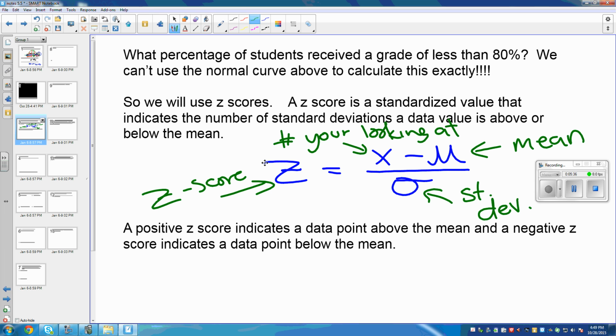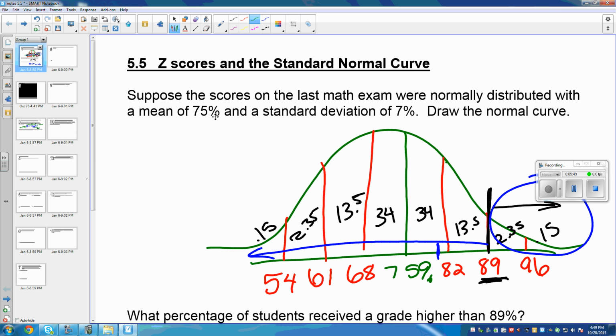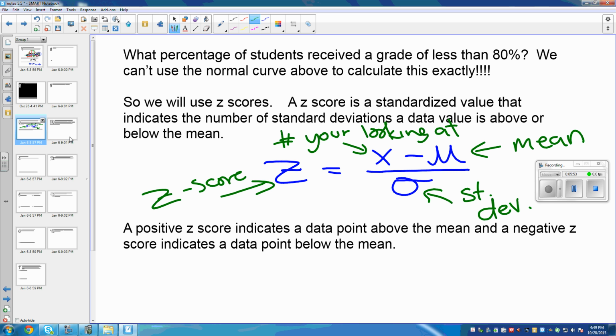So let's go back and just see what we have. We had a mean of 75 with a standard deviation of 7, and our special number is 80. So if I put this in to find my z-score, z is equal to 80, that's my special number, minus mu, which is our mean, 75, divided by our standard deviation, which is 7. So 80 minus 75, that's 5 divided by 7, which will give us a decimal.